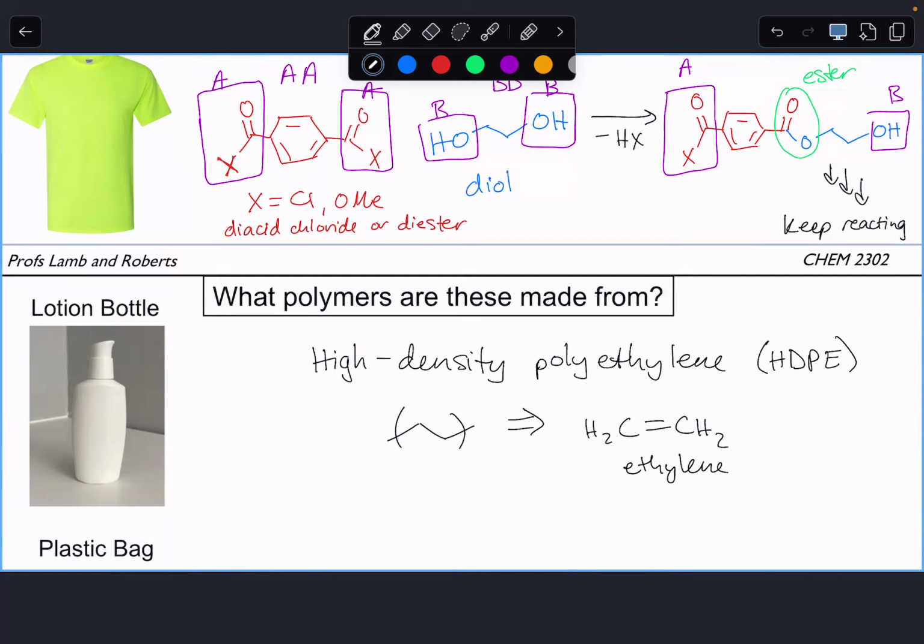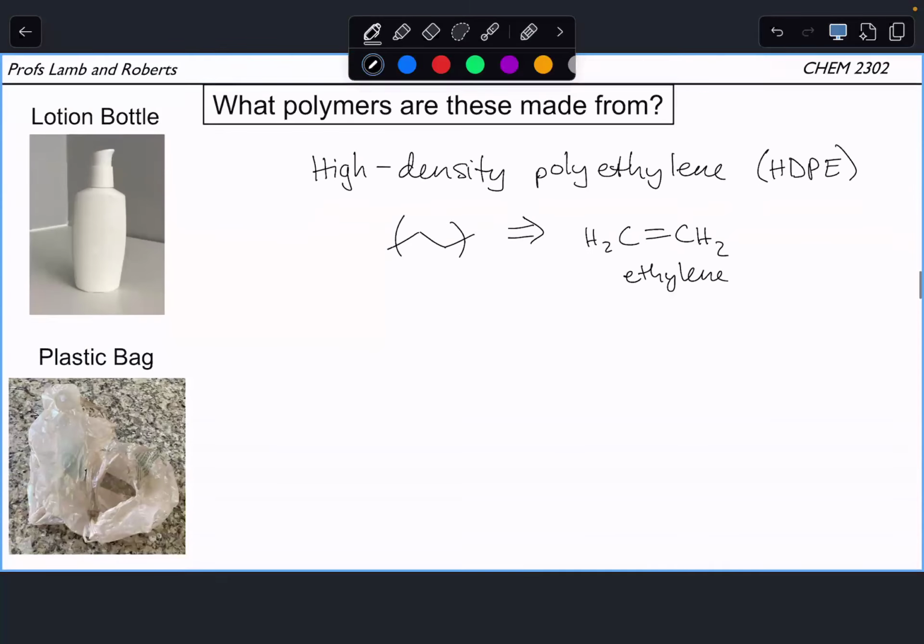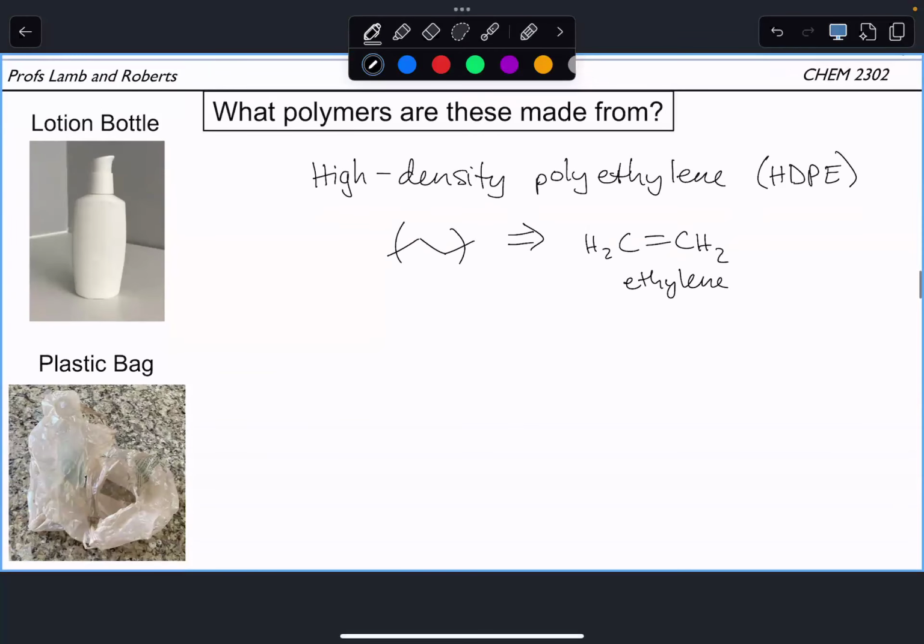And so a hint about the properties of this polymer, if you look at this bottle, right? This bottle is opaque. We can't see through it. And so oftentimes when you have a material that is opaque, that indicates that it is crystalline. So what does that mean?